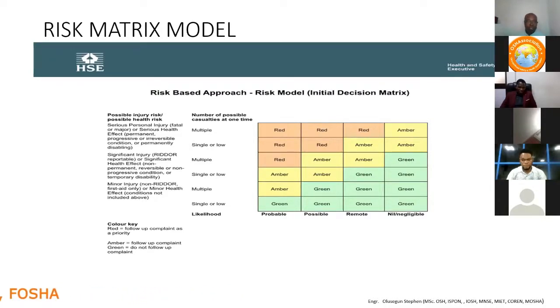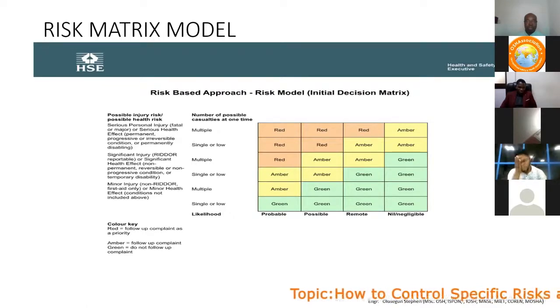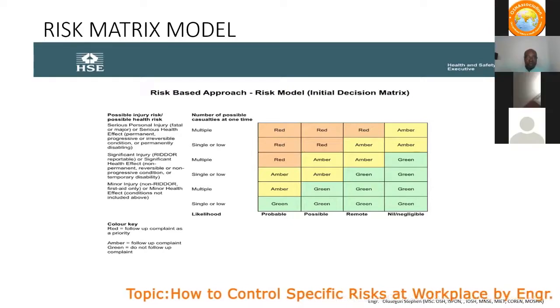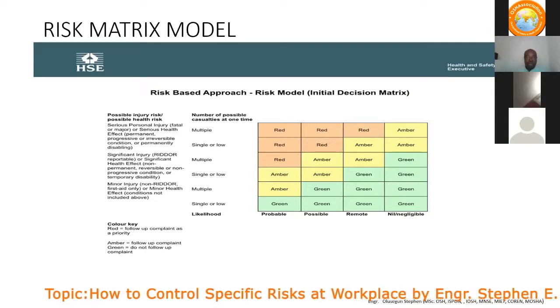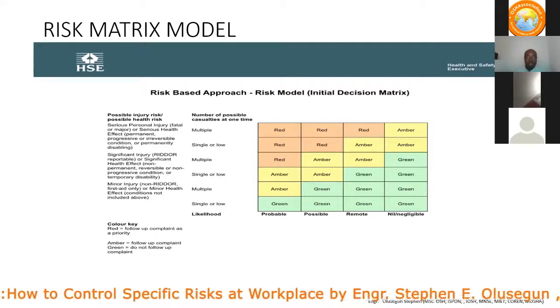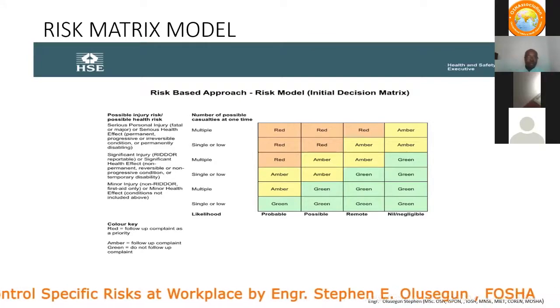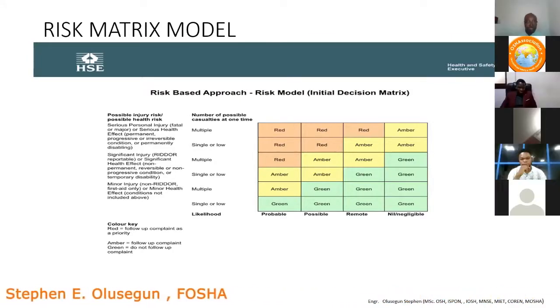For example, when they say the risk rating is red, amber or green, and then what of the severity of that, the likelihood of that risk. Well, they have to combine two major things together: likelihood and the severity.